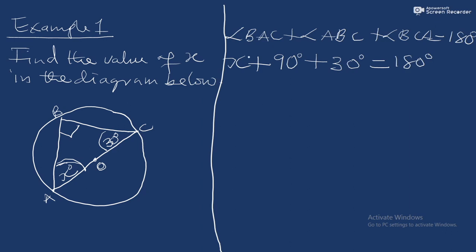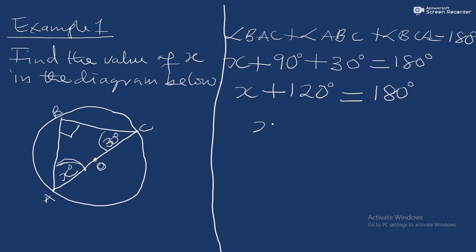So now I want to look at our x. So our x plus 90 plus this one will give us what? 120 degrees. This will be equal to 180 degrees.